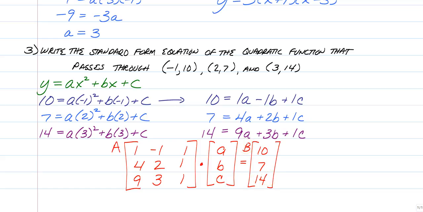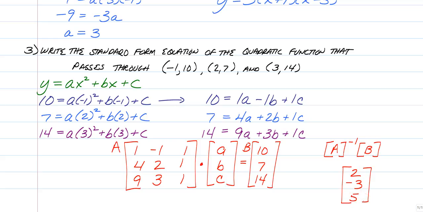And then remember, we just have to enter those into our graphing calculator. And then we would type in the inverse of matrix A times matrix B, and our graphing calculator would give us the solution. So the solution is going to look like this: 2, -3, 5.